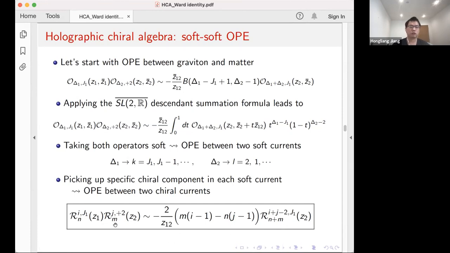This is a graviton chiral current, this is a matter chiral current, and we have another matter chiral current again. And we always have a simple pole here with some coefficient. Here J1 is general, so we can take different values for J1 and get different component OPEs.